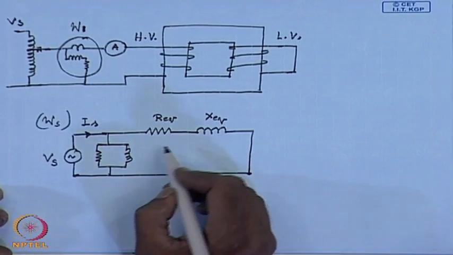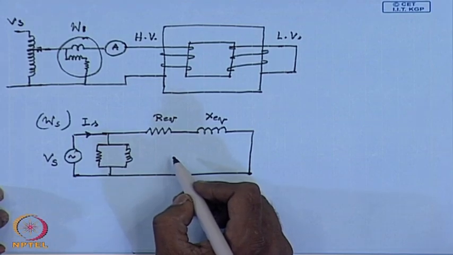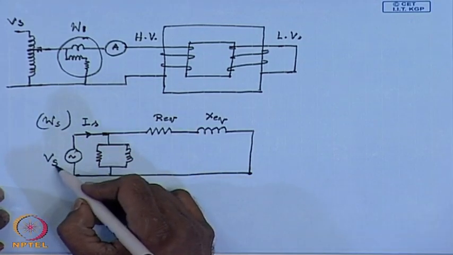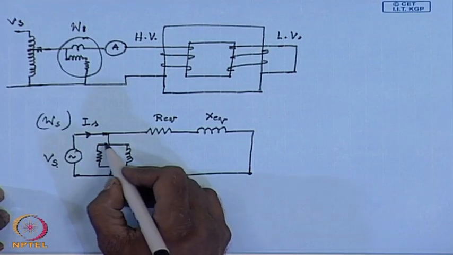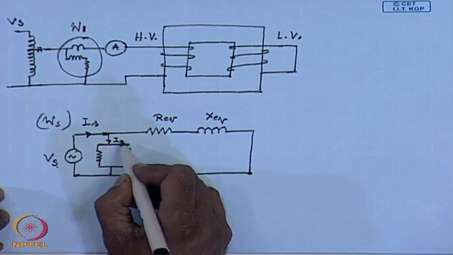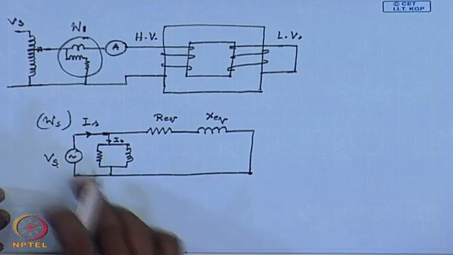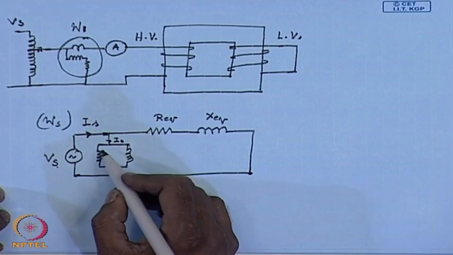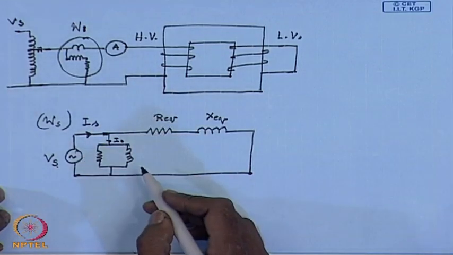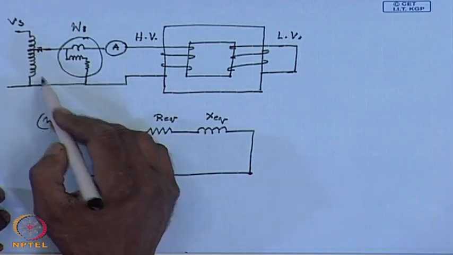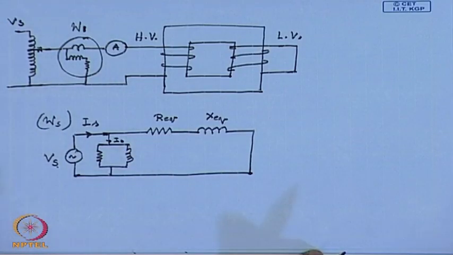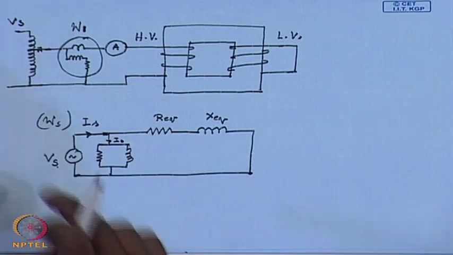Now, even when Vs is at its rated value, we have seen the no load current I0 is 5 to 7% of the rated current. That is, I0, if it is connected to the HV side, then even if we apply rated voltage, I0 is only 5 to 7% of Is.